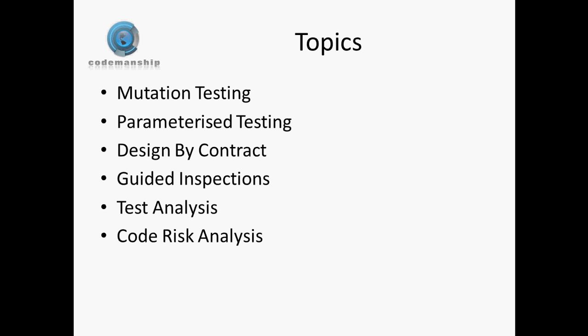And then we're going to look at a technique called guided inspections, which is an inspection technique that is guided by tests or examples. We're going to look at some test analysis techniques for spotting missing test cases. And then finally we're going to have a discussion about how we analyze the risk that certain parts of our code might present so that we can prioritize our testing efforts.